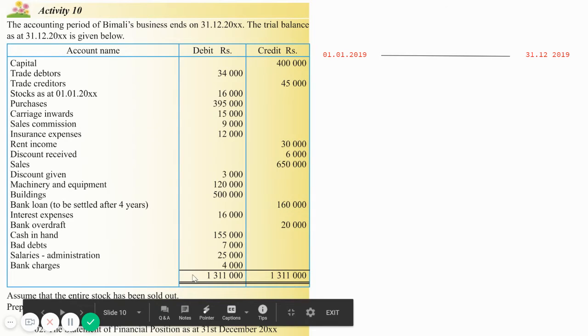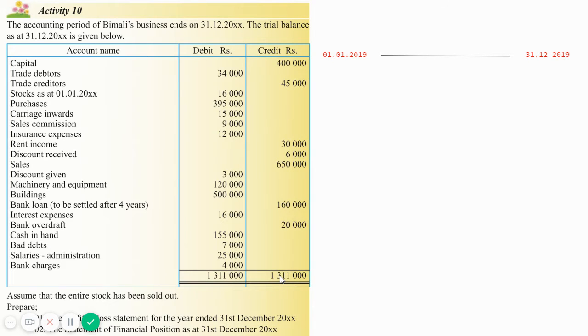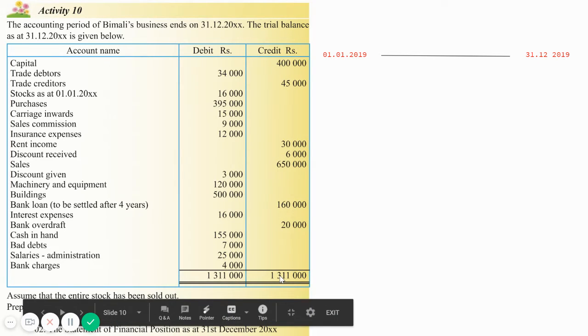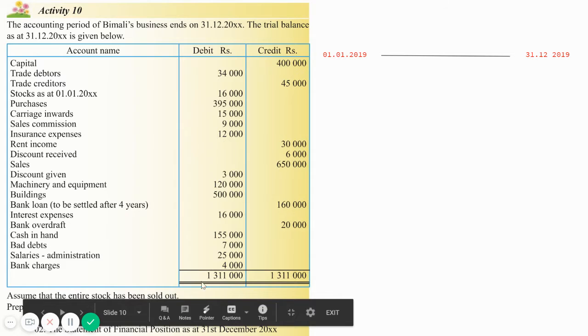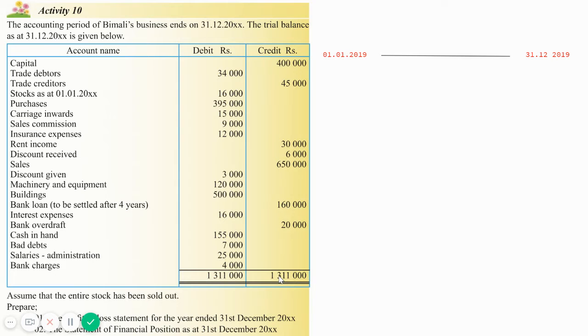Then we have to see whether the trial balance has balanced. If it is not balancing, definitely our final accounts will not be correct, and you will find a lot of problems in preparing the statement of financial position. So you have to see whether the debit balances of the given trial balance are equal to the credit balances.